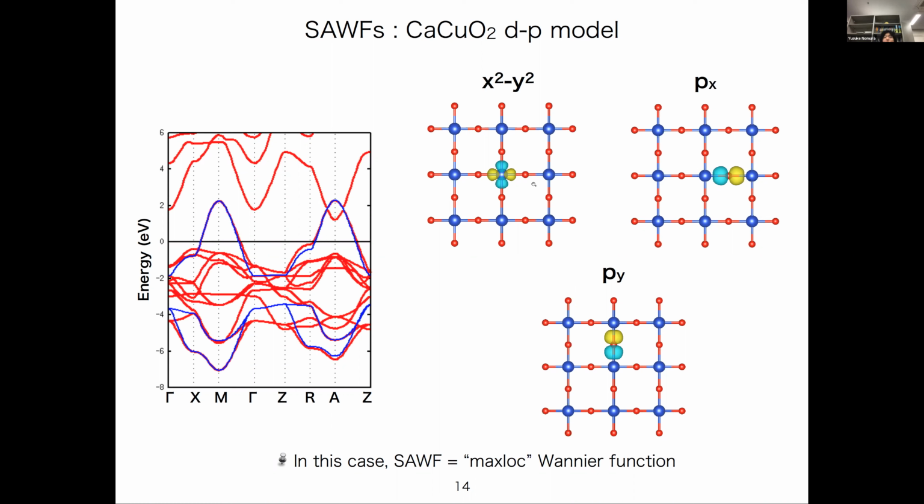So here we have the x square minus y square orbitals and the px orbital on the oxygen and the py orbital on the oxygen. And these two px and py are equivalent. Yeah. So in this case, actually the symmetry-adapted Wannier function is the same as the maximally localized Wannier functions.